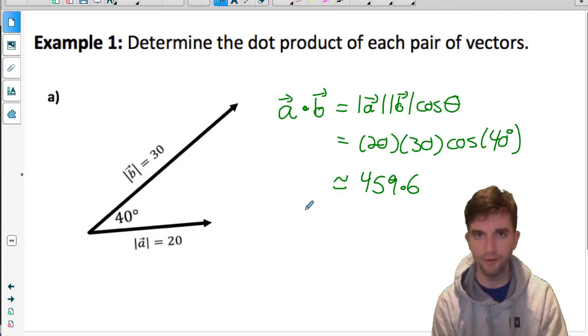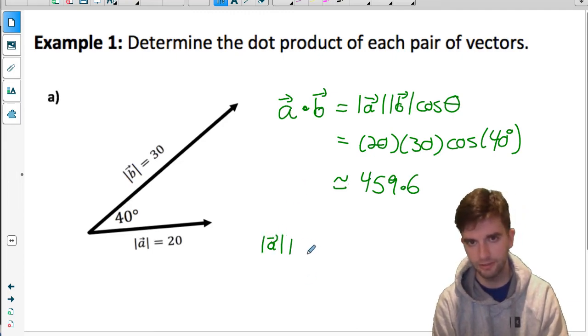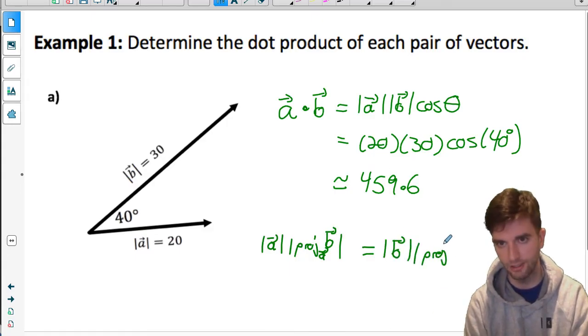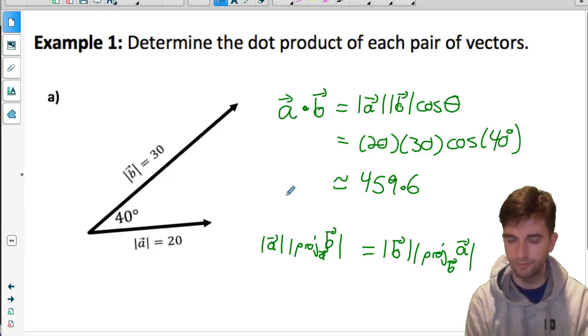And it wouldn't matter how you thought of this. We either found the magnitude of A times the magnitude of the projection of B onto A, or we found the magnitude of B times the magnitude of the projection of A onto B. They're both equivalent.